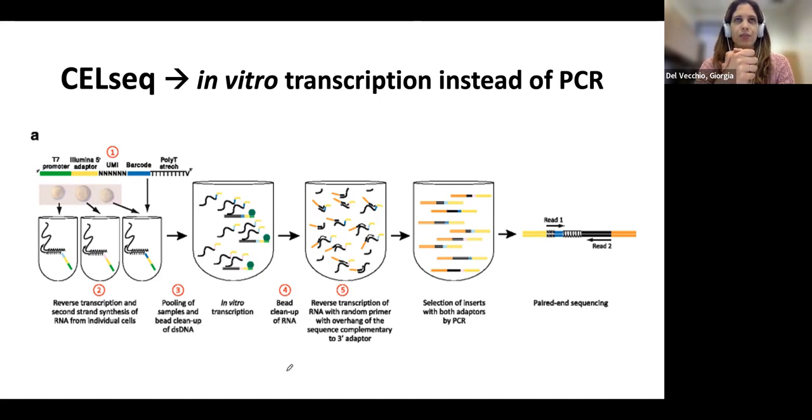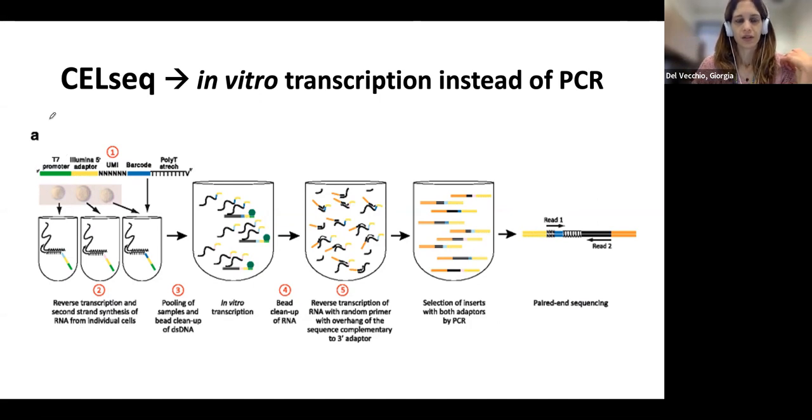PCR introduces biases, and that's because PCR is an exponential reaction, so you cannot really control how many molecules are produced. That's why it can lead to PCR duplicates.